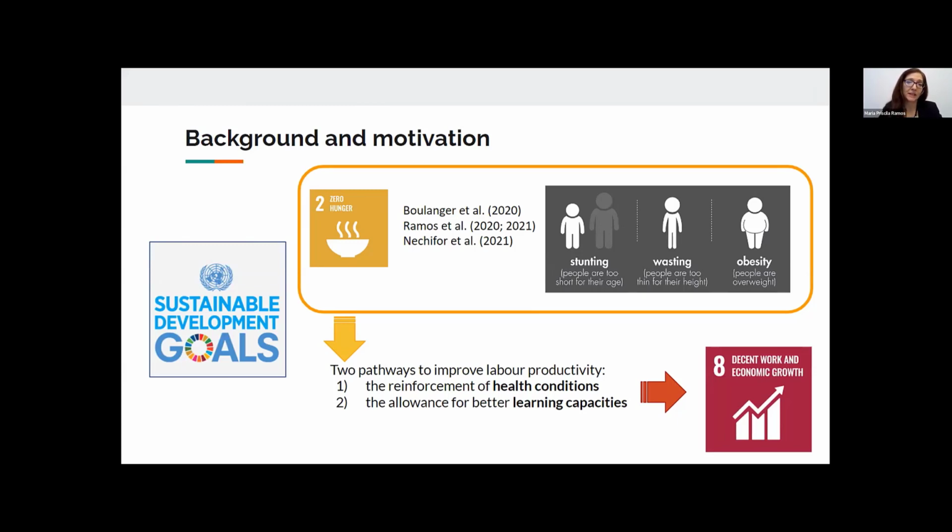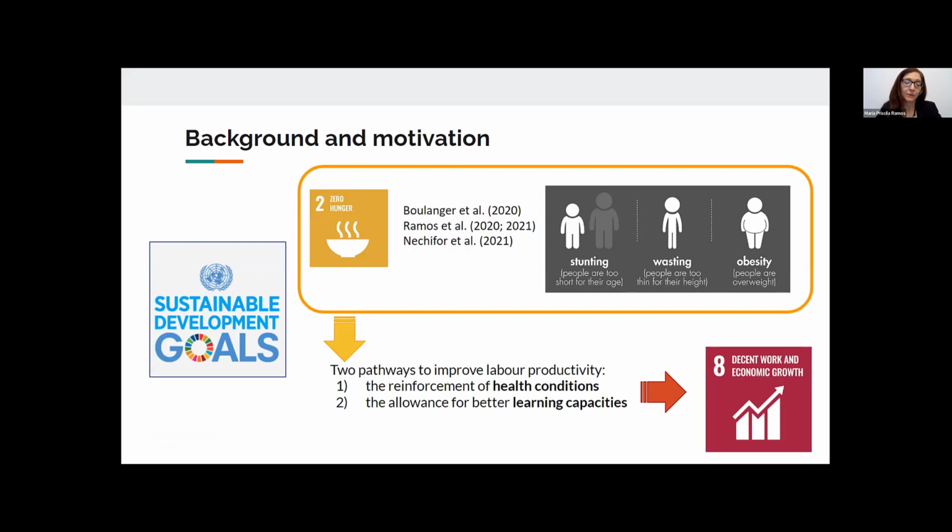With the team, we have already studied food security and nutrition in Kenya in previous papers. Here I quoted some of them, but the focus of those papers was how agricultural policy and even the pandemic and lockdown measures in Kenya affected food security and nutrition at the household level.